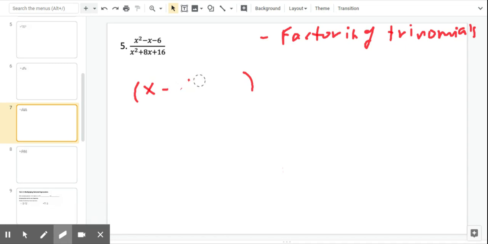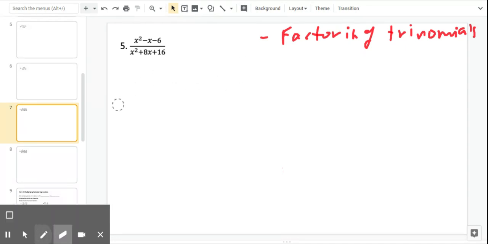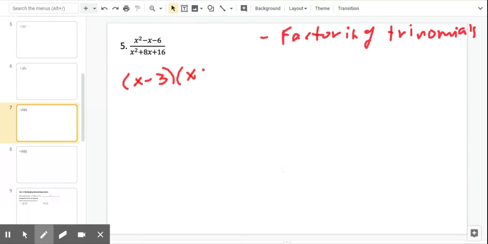Don't know what I'm thinking, guys. That's why we check. Okay, try that one more time. x minus 3, x plus 2. Don't know where my head was at there. So where we got that was -3 plus 2 equals -1, and -3 times 2 equals -6. That's much better.